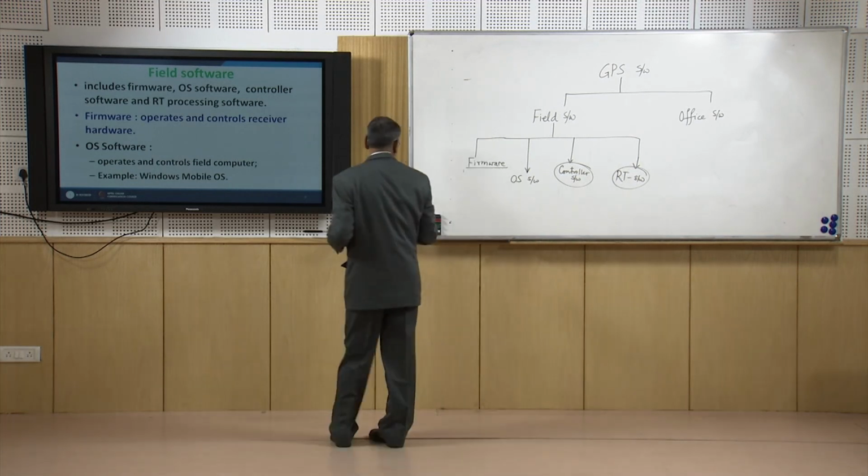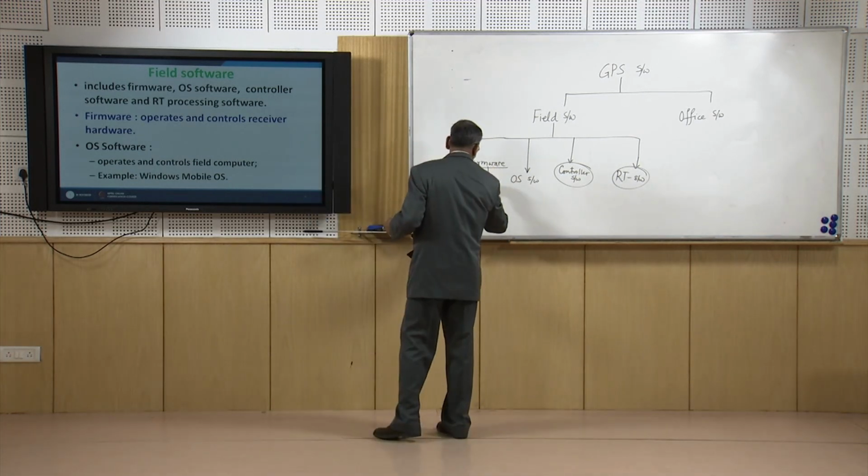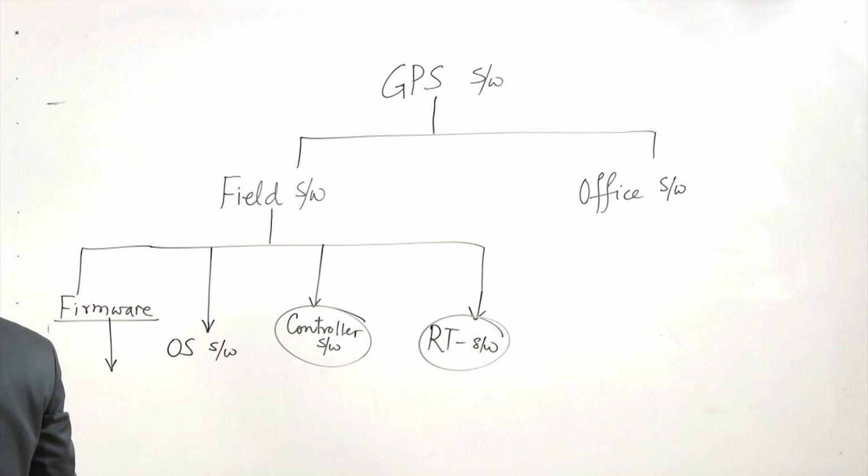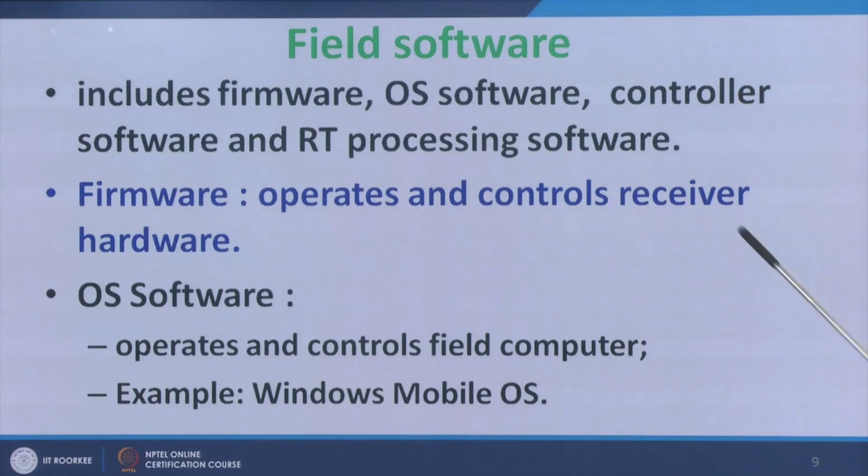Now as I told you, firmware is the software which is basically used to operate and control the receiver hardware, and most of the work that the firmware does is on default setup.